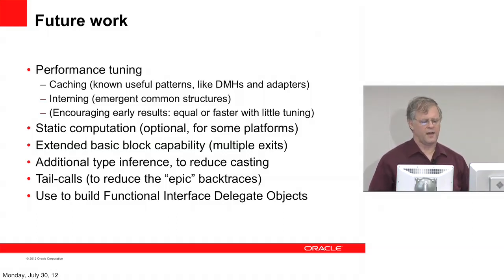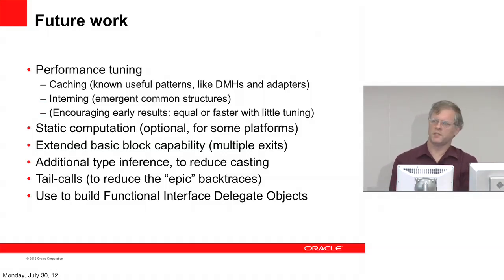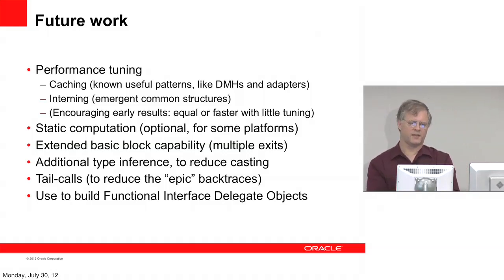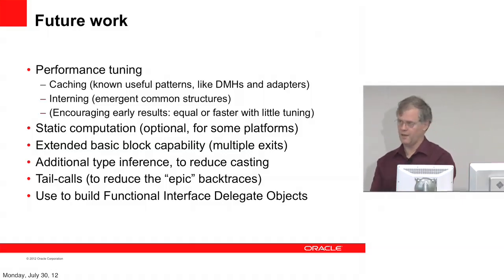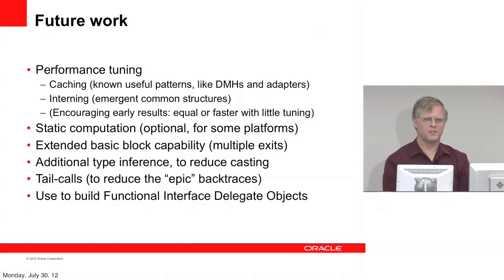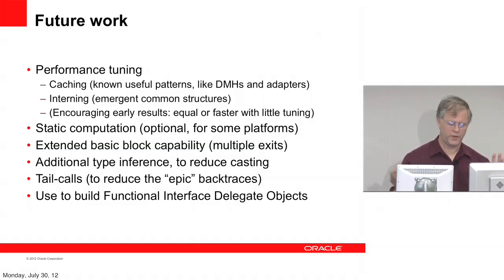So I think when we get some of this stuff rolling, we'll be able to use these Lambda forms for other things besides method handles. In fact, we should use them for FIDOs, and that's my contribution today to the nomenclature of the industry. A FIDO, of course, is a functional interface delegate object, which don't think too hard about what those words mean. It's a really great acronym, though.